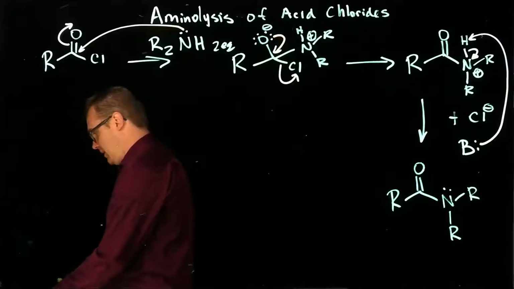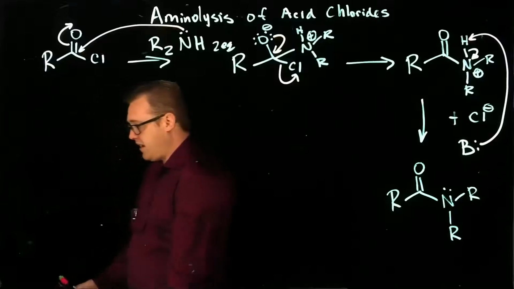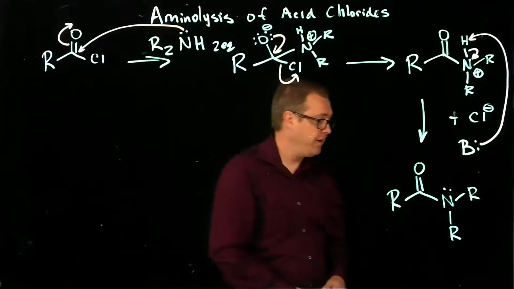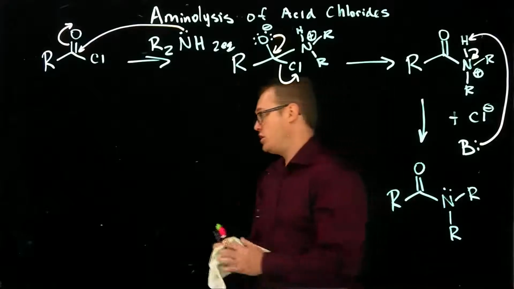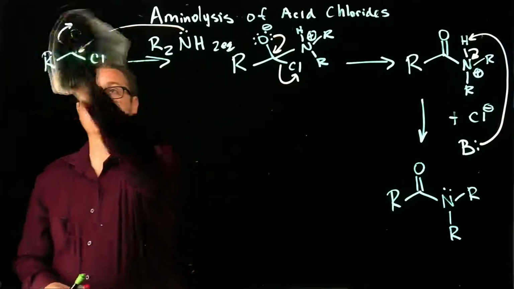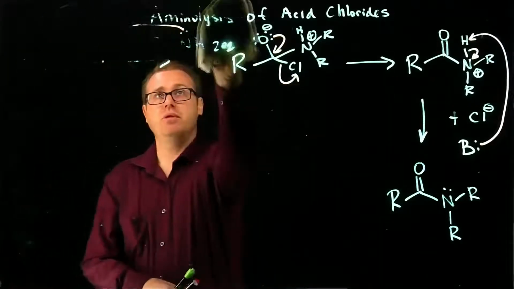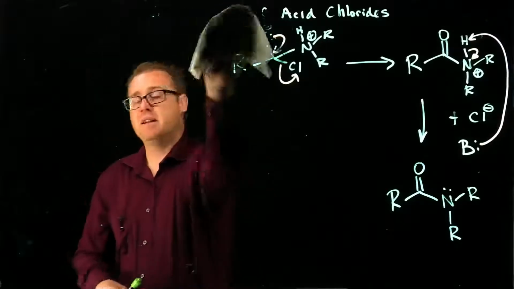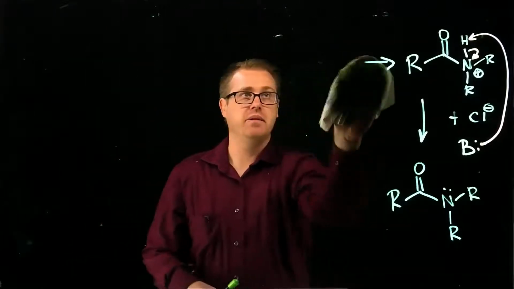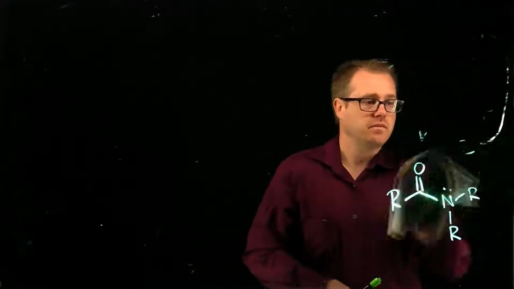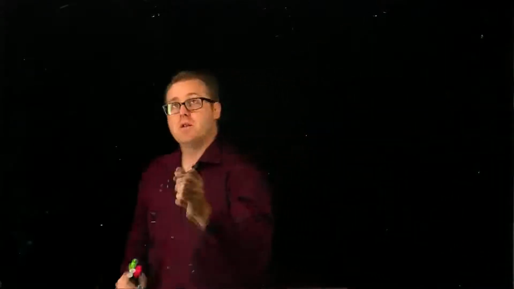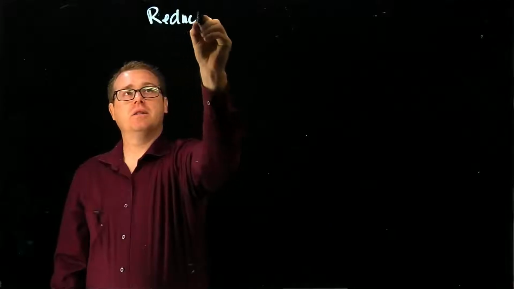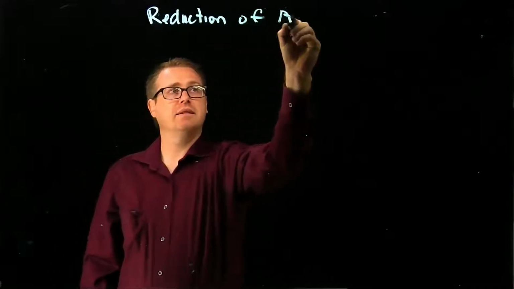Okay. Next, we can take acid chlorides and we can reduce them into primary alcohols. And we can do that transformation using lithium aluminum hydride. So we can look at the reduction of acid chlorides.